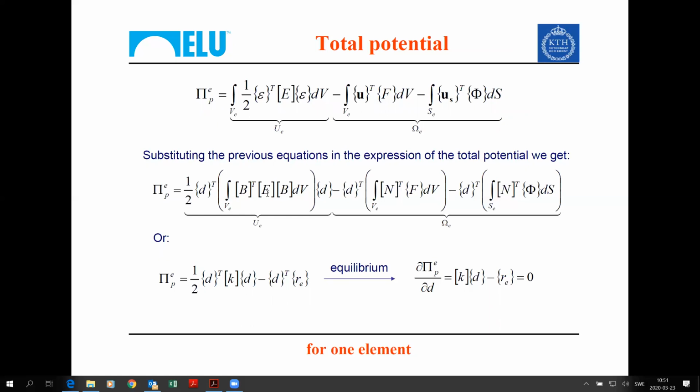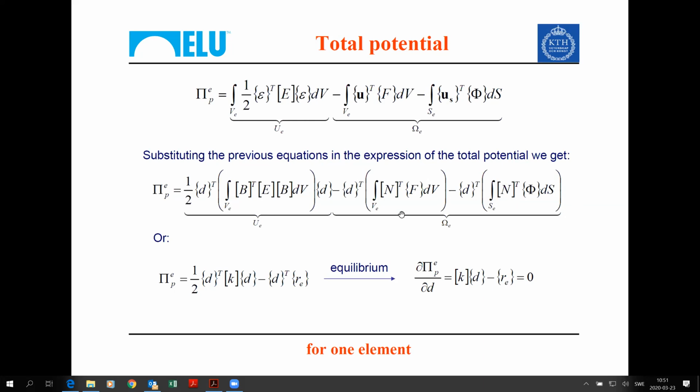E is the elasticity matrix, not just a value of Young's modulus. And this we will have to integrate over the length and over the thickness. So we will have to integrate over the volume of the whole element.